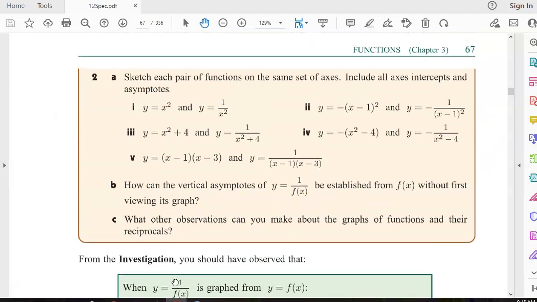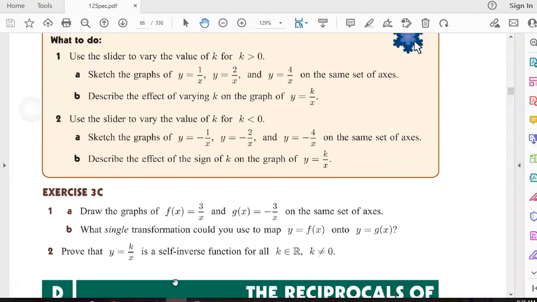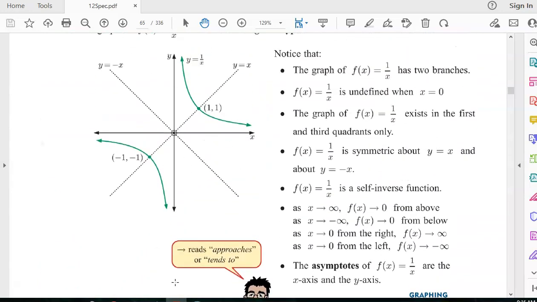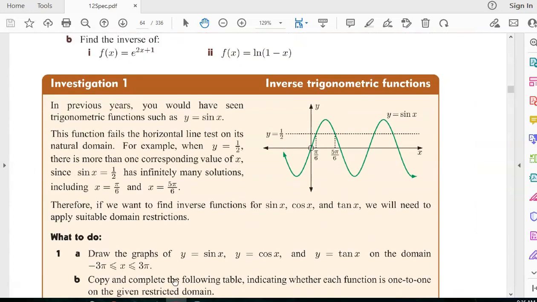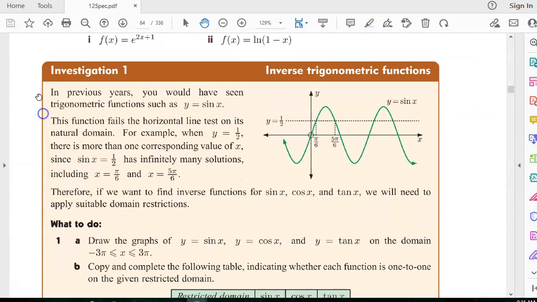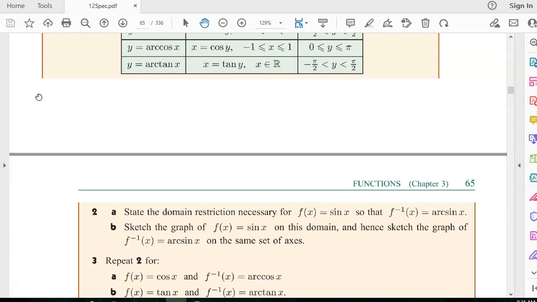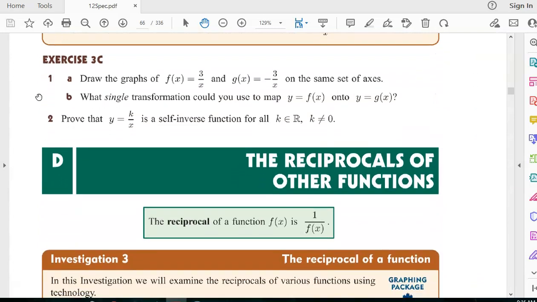Ooh, getting a bit carried away. I thought maybe it was 3C. Oh, wrote it wrong. Should have been 3C. Anyway. I know. How sad.